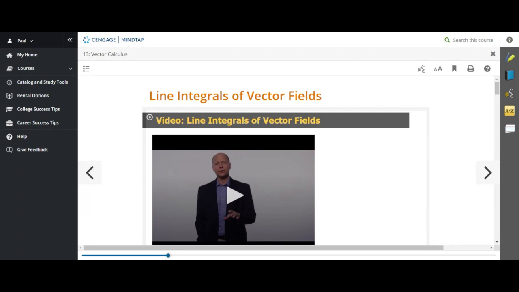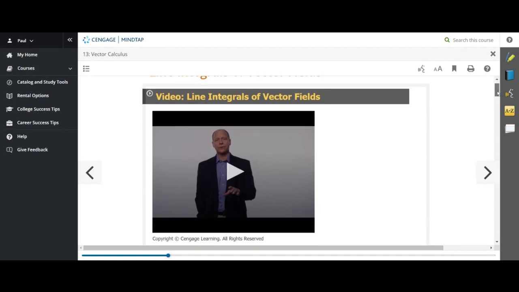We'd like to know what work the field does in moving the particle from one point to another point. The work could be positive, it could be negative, it could be zero. It depends on the path that the particle takes, and it also depends on what the field is.